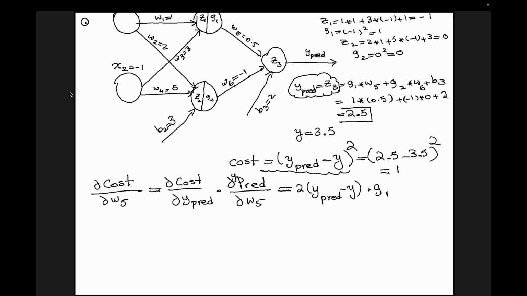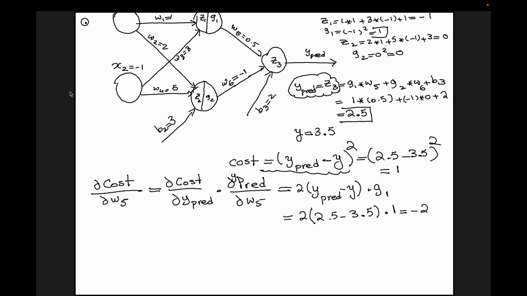Very simply put, that is 2 times, our prediction was 2.5 minus 3.5, and our G1, we already calculated that was 1 here on top. So that's times 1, and if we simplify things, that is negative 2.